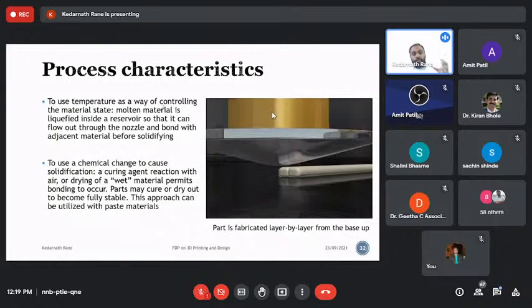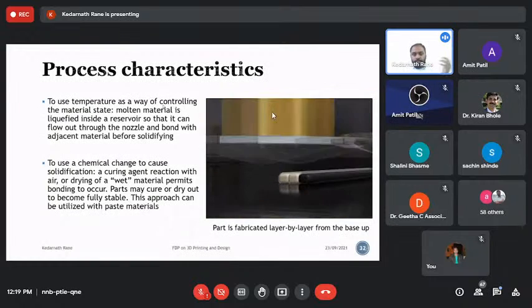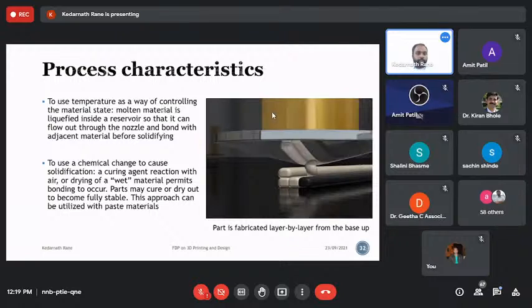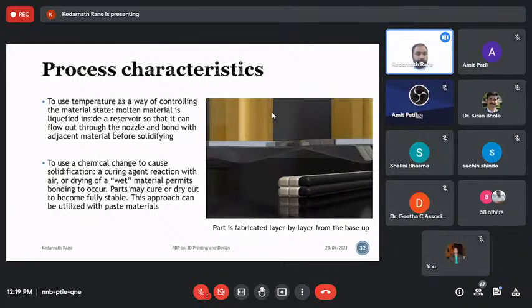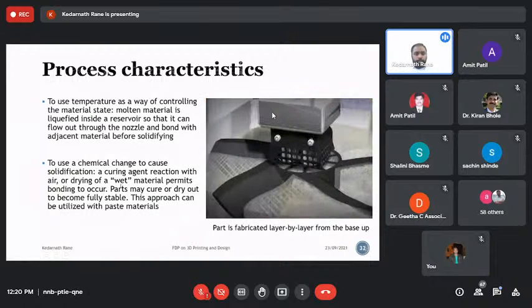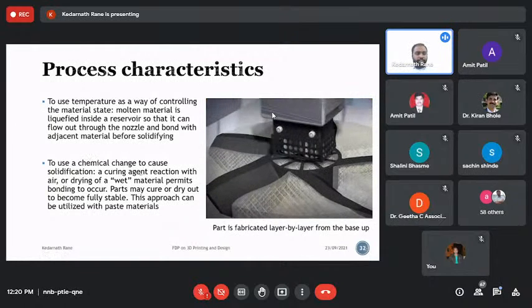So the melt reservoir is also one of the criteria for this process. The next criterion is the change of phase during solidification.